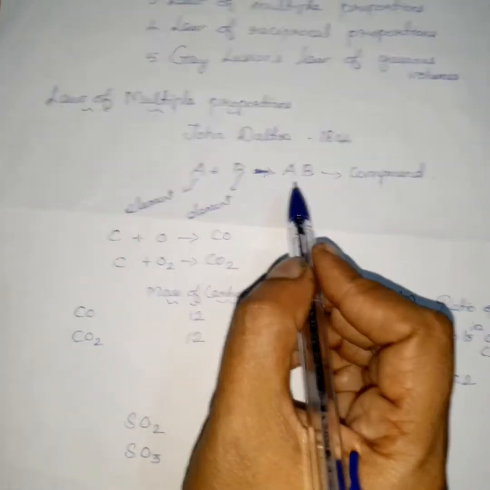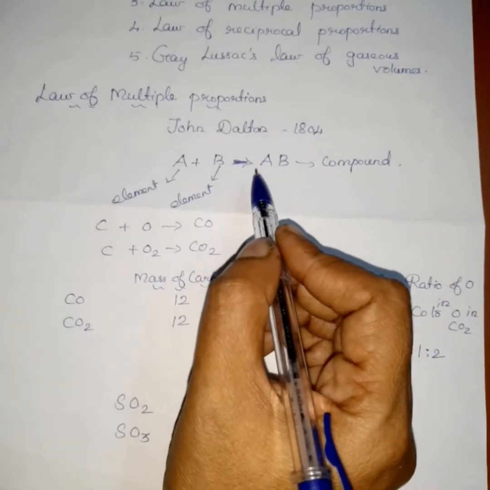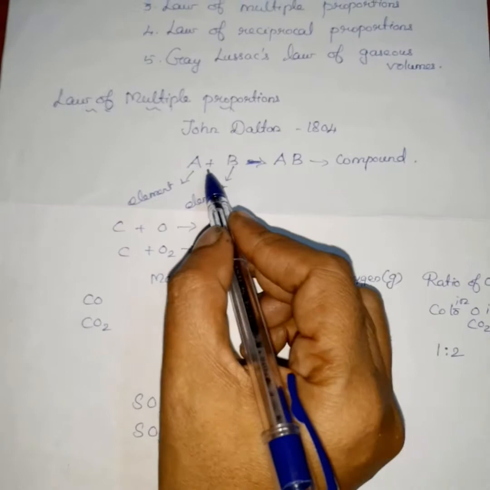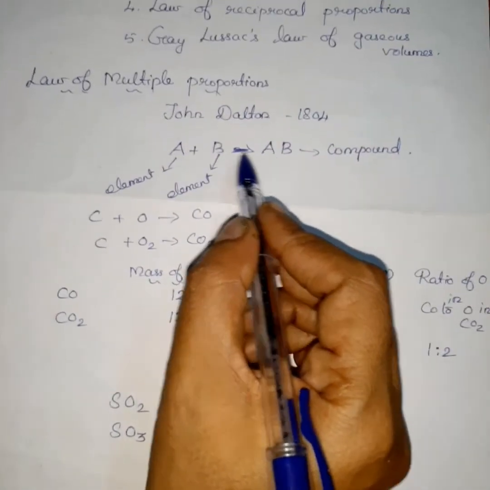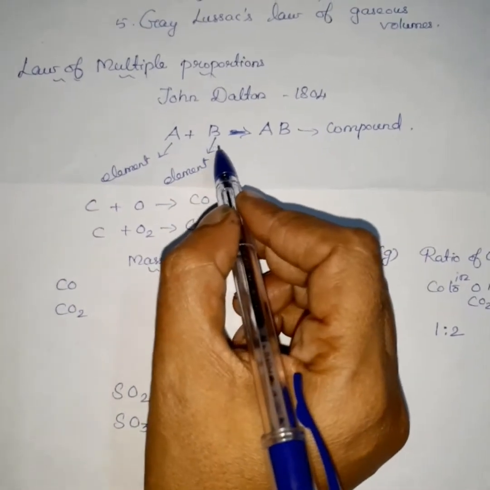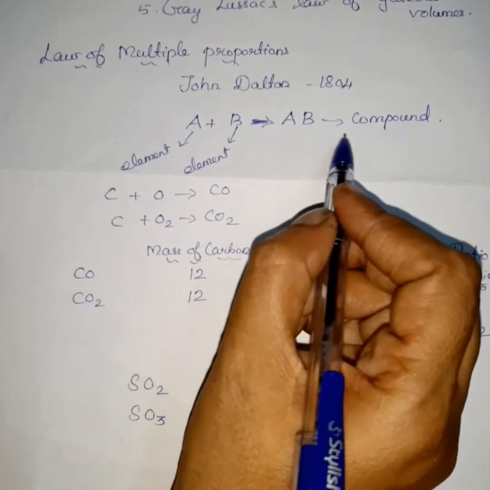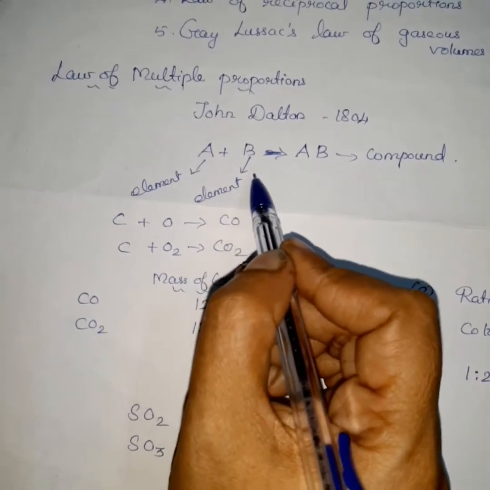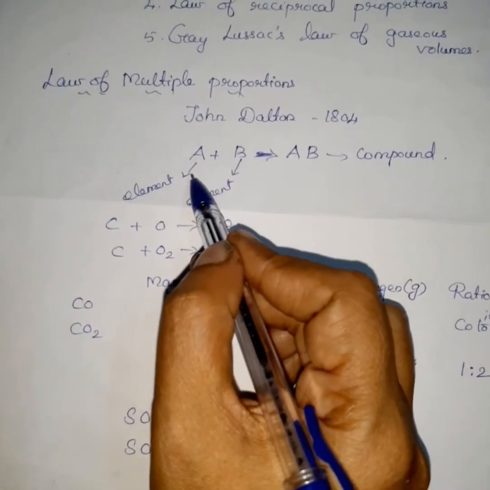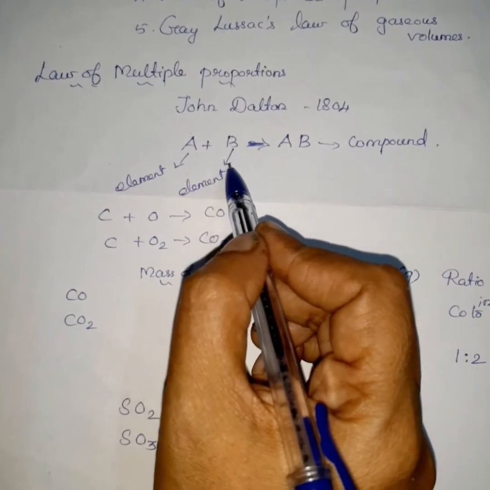Did you understand anything? Now here listen. Now we take the elements A and B. It gives the compound AB. Here A is an element, B is an element and AB is the compound. So A mass is different and B mass is fixed.